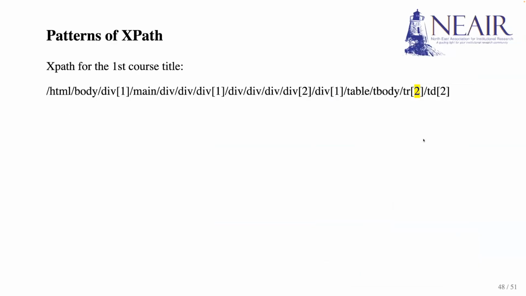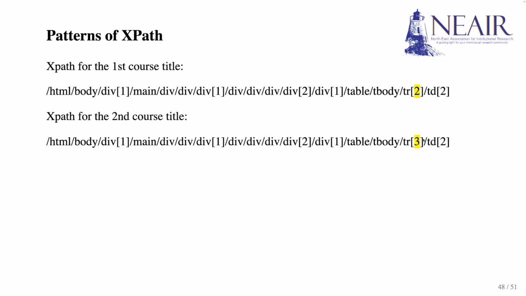It can be a bit more challenging to use than the class name because each course title has a different XPath, but they share a similar pattern. As you can see here, only one number in the XPath is different for the two course titles, and the numbers are incremental.